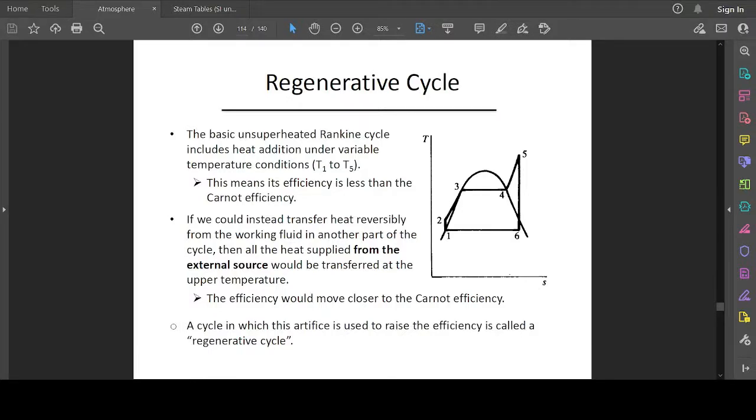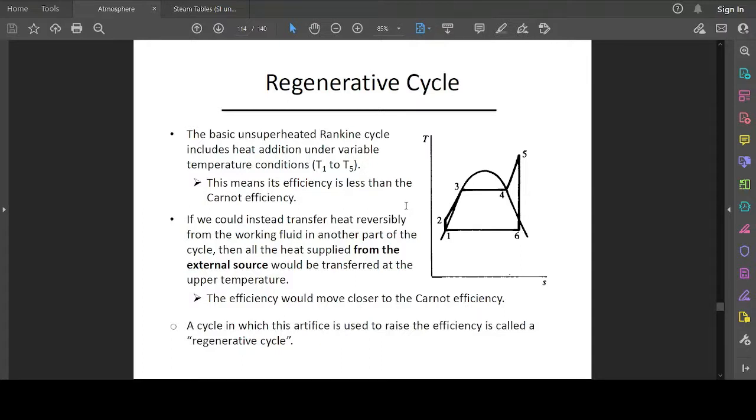In the regeneration cycle, the basic unsuperheated Rankine cycle includes heat addition under variable temperature conditions between T1 and T5. So this means its efficiency is less than the Carnot efficiency. If we could instead transfer heat reversibly from the working fluid in another part of the cycle, then all the heat supplied from the external source would be transferred at the upper temperature.